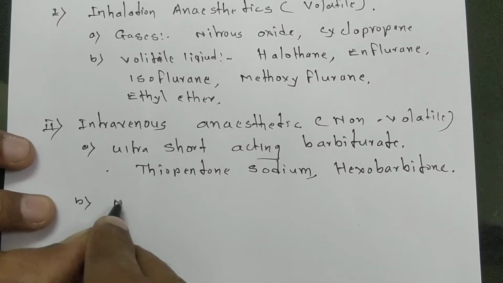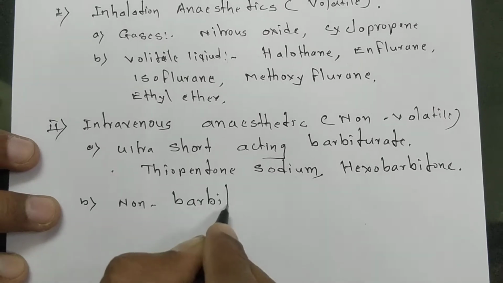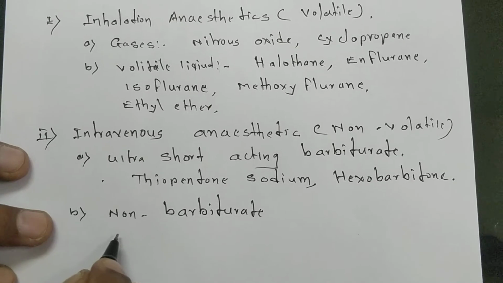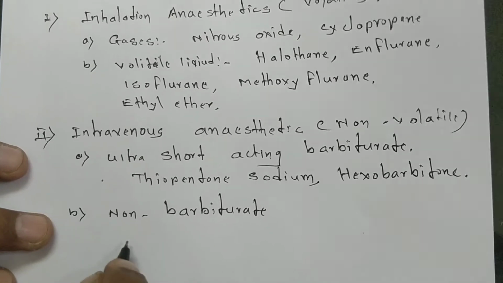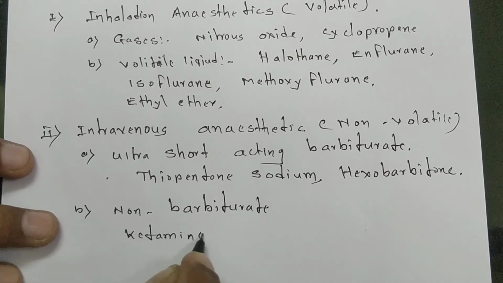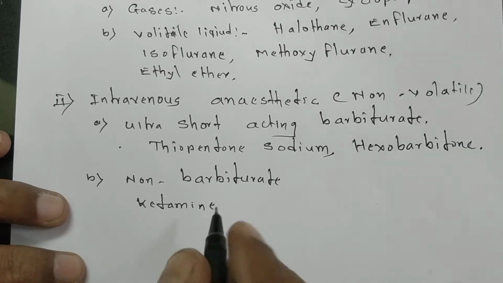B, non-barbiturates, the second class. An example: ketamine, which is a derivative of phencyclidine.